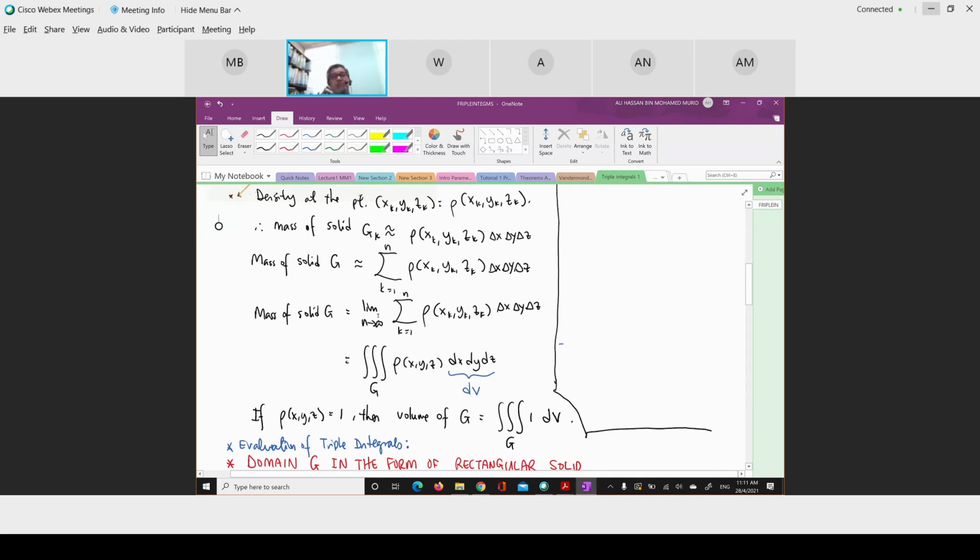So here I've introduced you the concept of triple integral from the problem of finding mass of a solid with varying density.